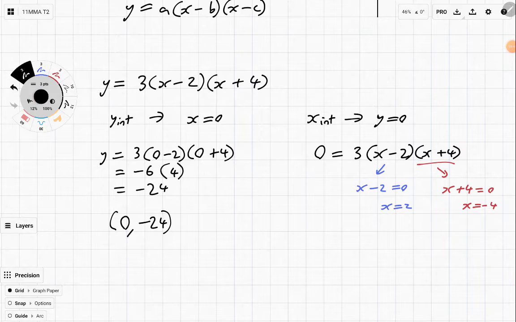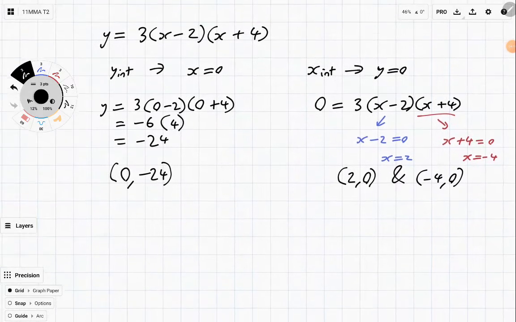Now, some of you might be going, well, what if 3 is equal to 0? Which is absolutely true, except 3 can never be equal to 0, so we never use constants in that way. So we've got two roots here.